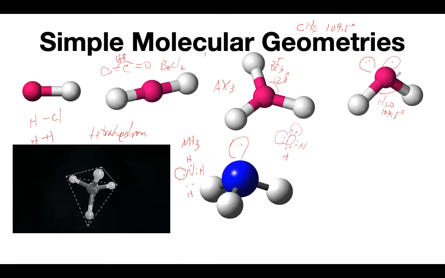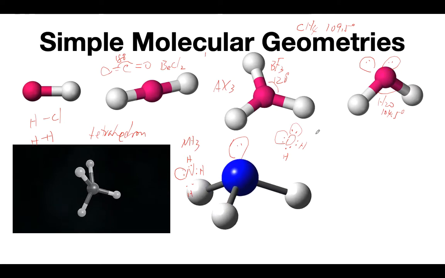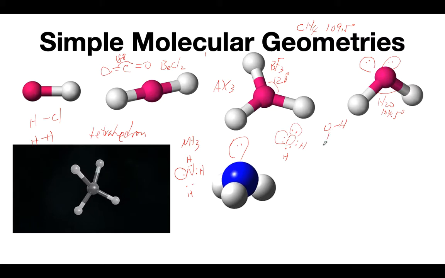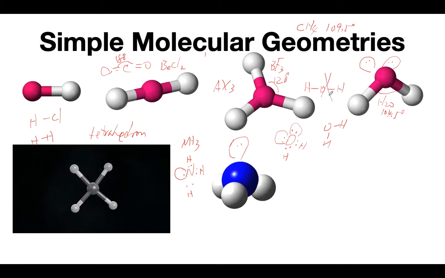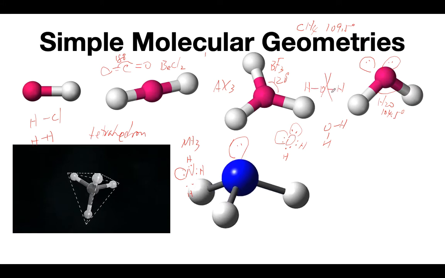That's how we get this geometry. When you draw the structure of water, you should draw something like this. It's bent. Never draw a water molecule like this one, because the water molecule cannot be linear.